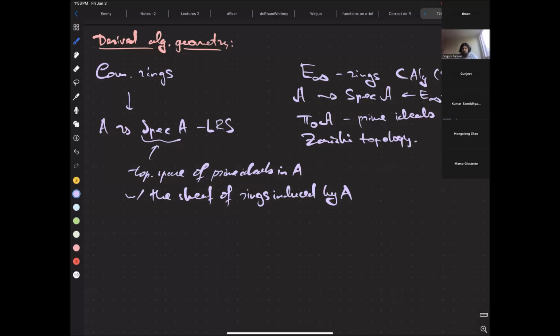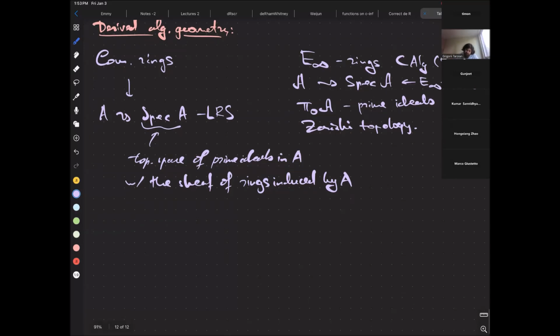And then the sheaf of E infinity rings once again comes from A, because if you have an element in pi naught of A, you can localize the whole ring with respect to that element. And that means that this whole ring localizes over the spectrum of that ring.